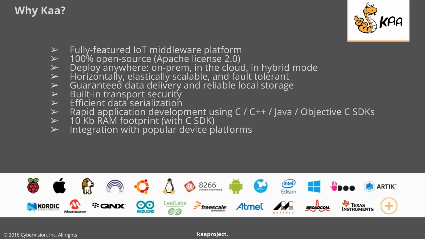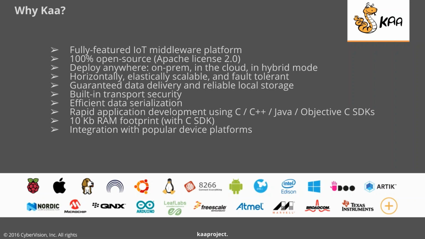When it comes to specific applications, what is important is that Kaa guarantees telemetry data delivery and also reliable storage of the data and consistency of the data that you collect from your IoT devices. It has built-in transport security mechanisms so that all of the data that is transferred from devices to the cloud and vice versa is encrypted and protected with the FIPS-compliant algorithms.